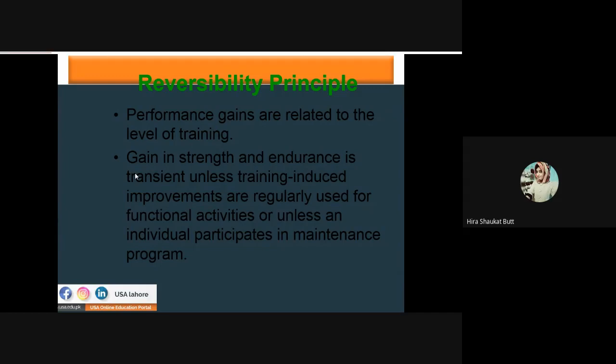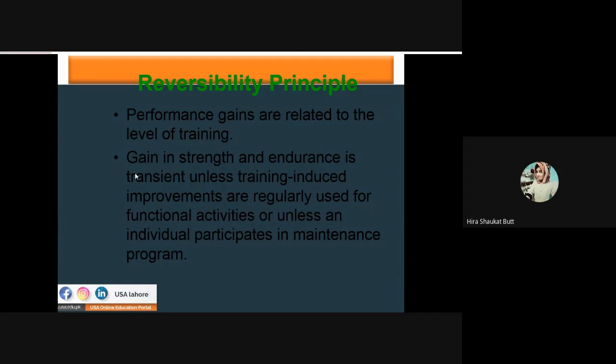Then there came the specificity of training, which was suggesting the adaptive effects of training. Then there was transfer of training, which was saying that the effects of training must be carried over from one activity to the other activity.